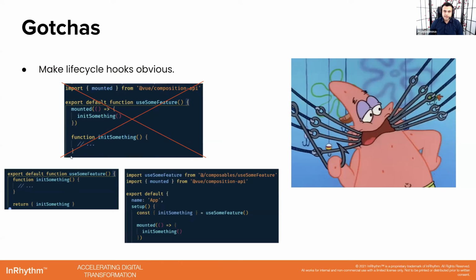So in order to get around this, the idea is to make things more obvious, more clear where things are coming from with this API. What I recommend, or what I did, was I simply exported the function that I want to use in the lifecycle hook. And then in the component itself, I'm letting the component decide when to actually execute it.